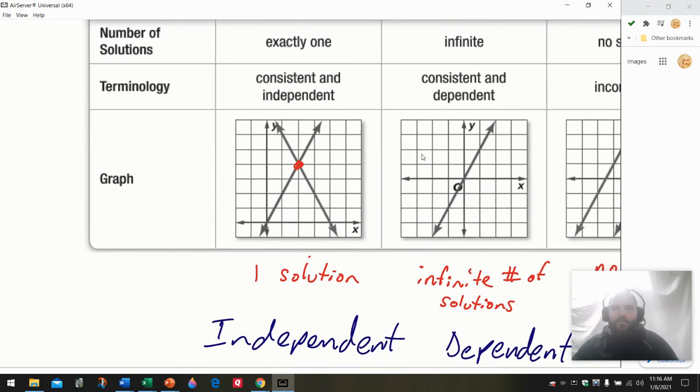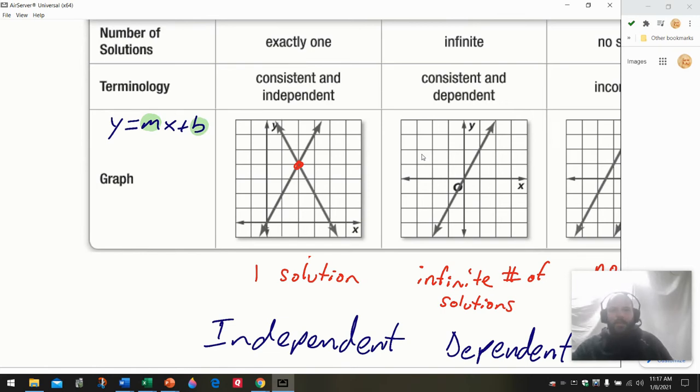So if you look in this first graph here, you can see that we have two separate lines. And remember, the main form of a line that we want to talk about is y equals mx plus b. The two important pieces of information in that equation are going to be the slope and the y-intercept.